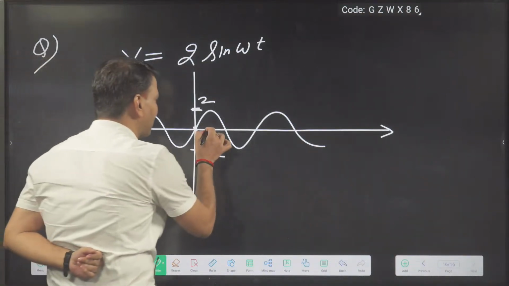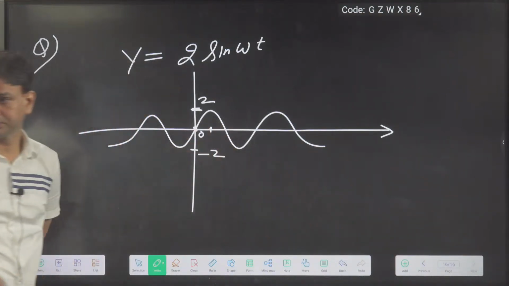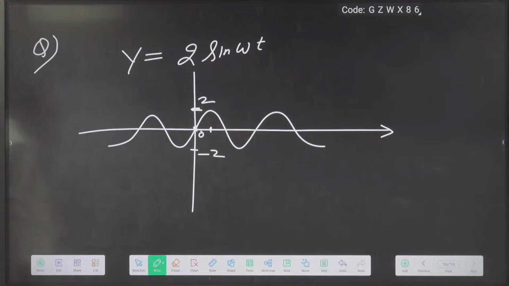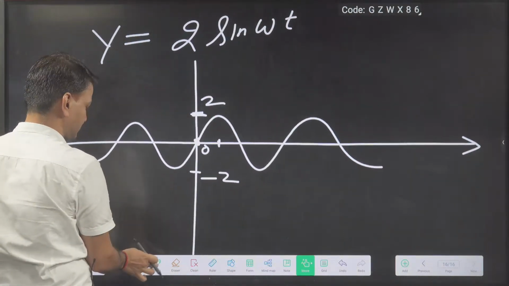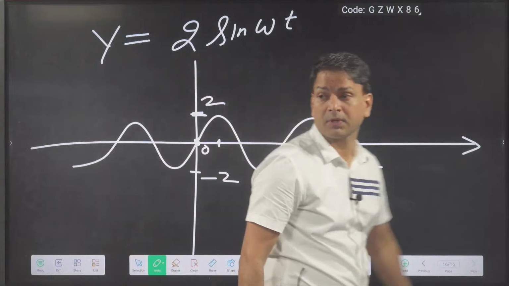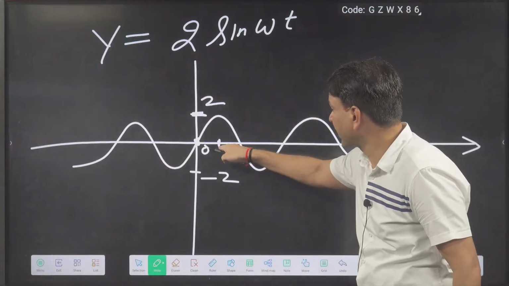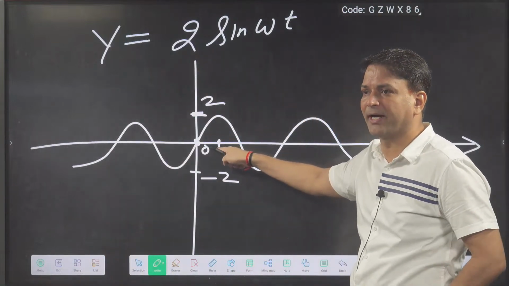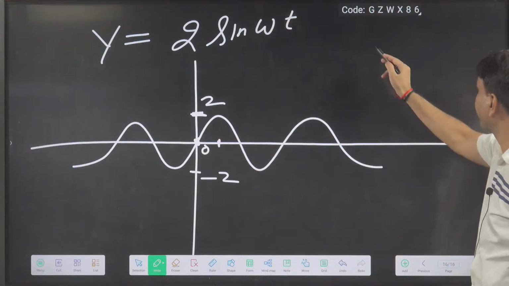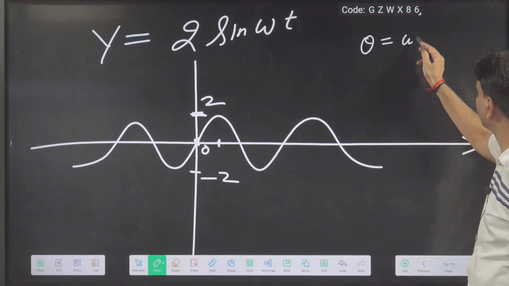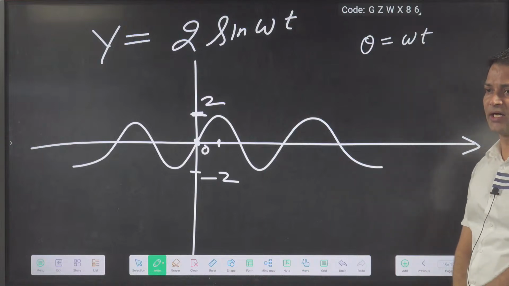Suppose I'm asking what this value is. Earlier I said this value was pi by 2. Now, in the place of the angle theta, we have omega t.